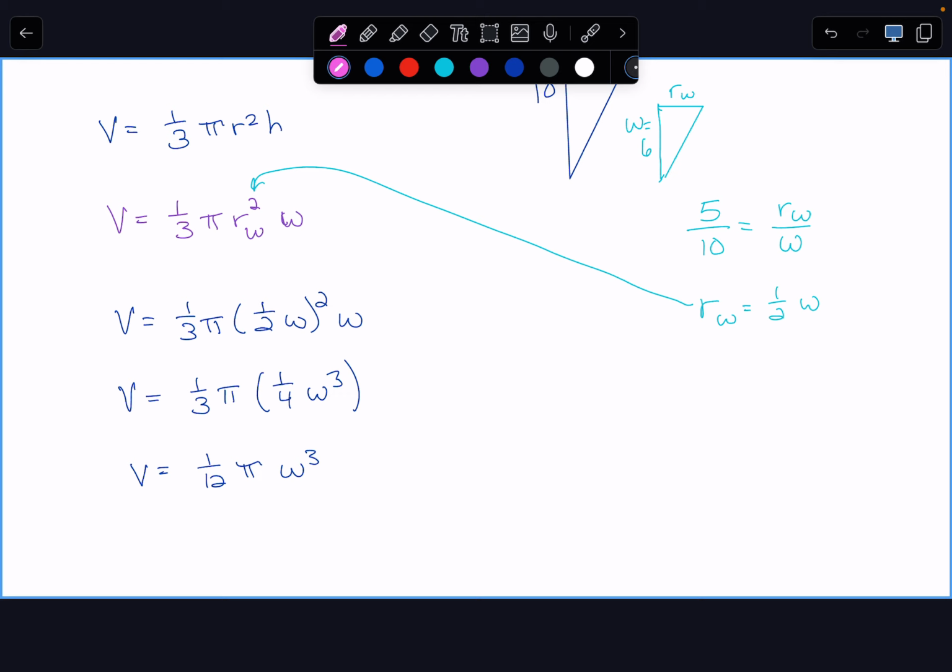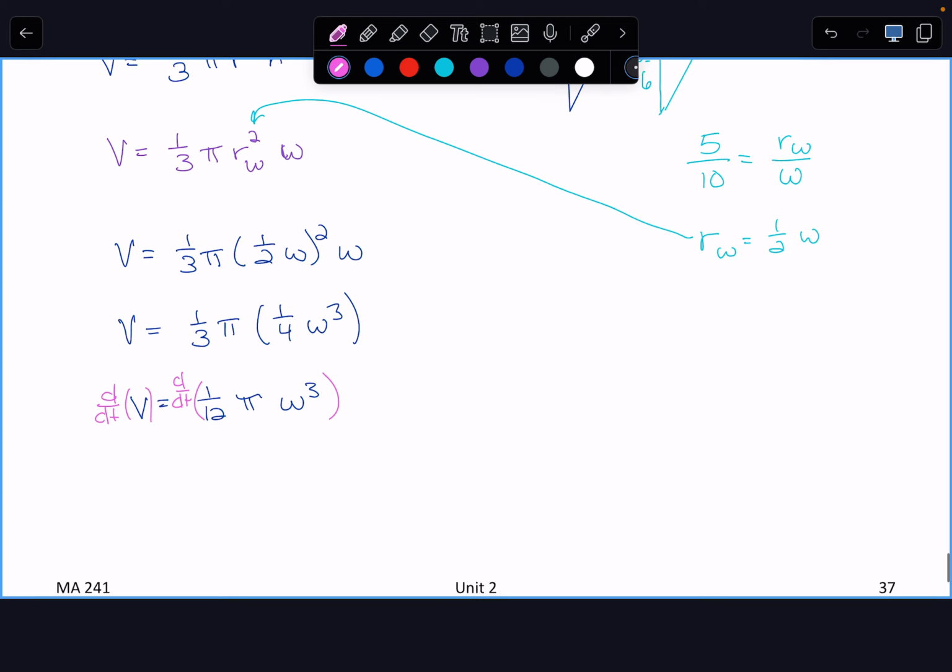Everybody with me on what we did there? Yeah? Okay. So I'm going to take the derivative with respect to time of this side and of this side. What's going to happen to my left-hand side? Yeah, dV/dt is equal to, I've got my 1/12 pi.